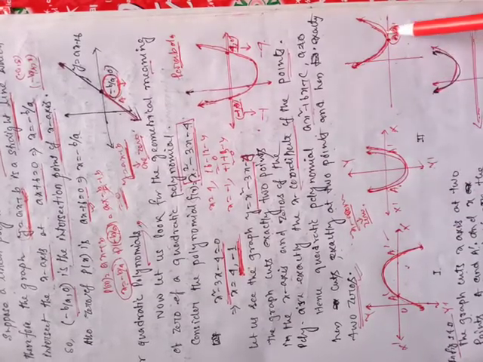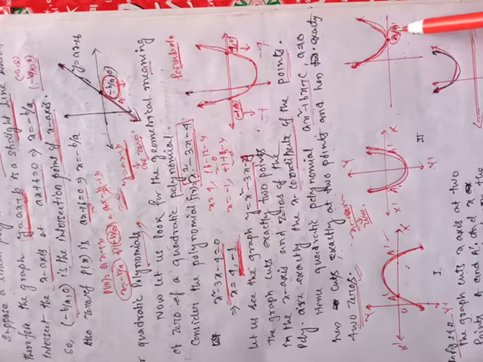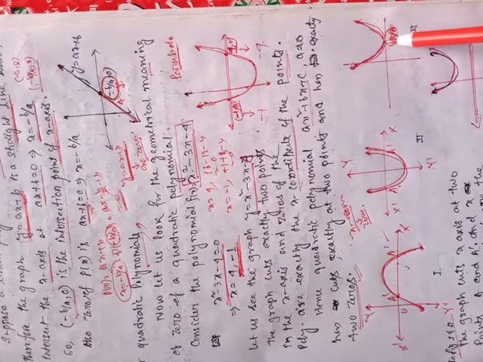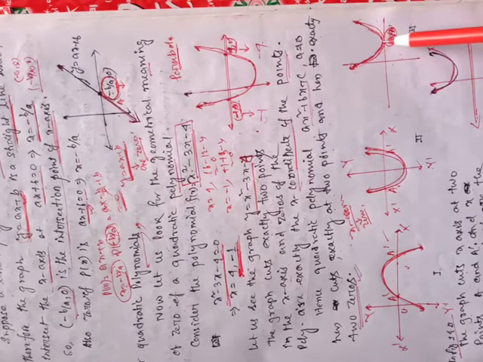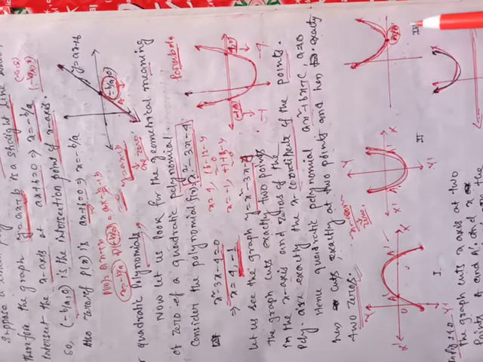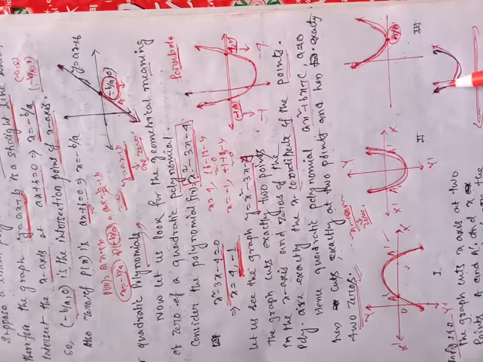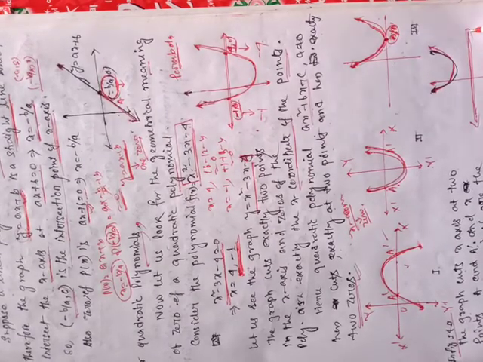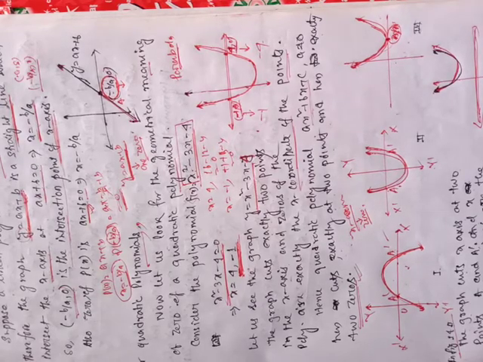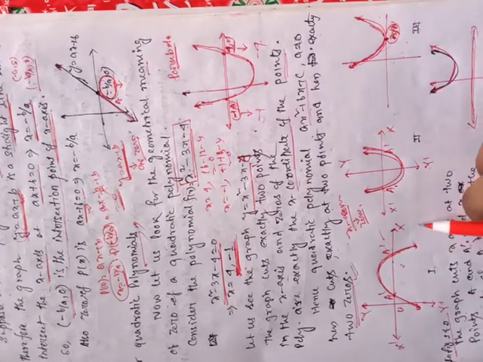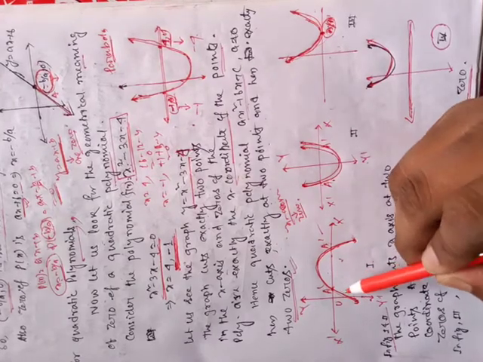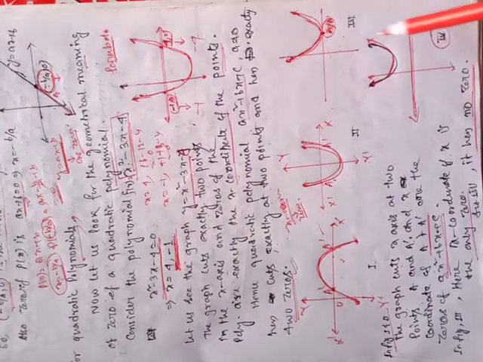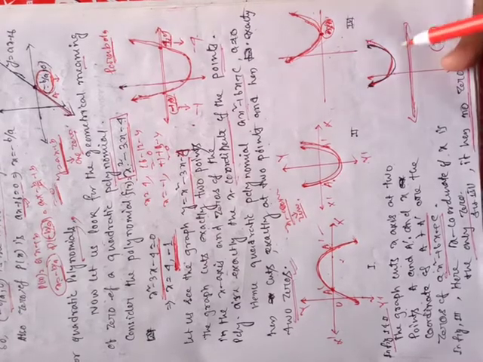But in this case, A and A dash coincide with each other, so this curve intersects at only one point. And you can see here this curve does not intersect the x-axis. So a quadratic polynomial at most intersects at 2 points, but maybe at 1 point, maybe it doesn't cut the x-axis.